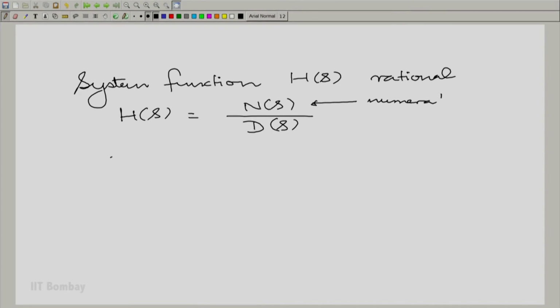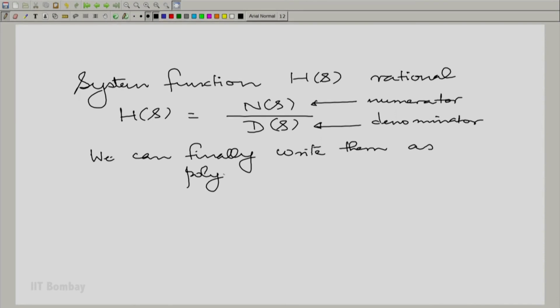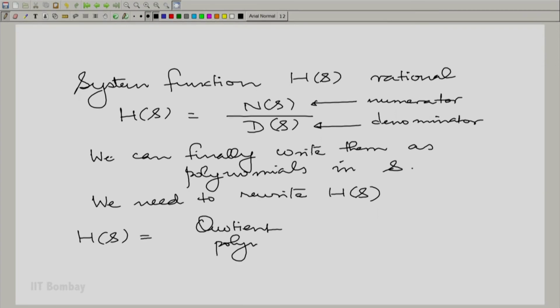Both of them can be expressed ultimately as finite series in S, and ultimately we can write them down as polynomials in S. Now, you need to see and rewrite HS as follows.